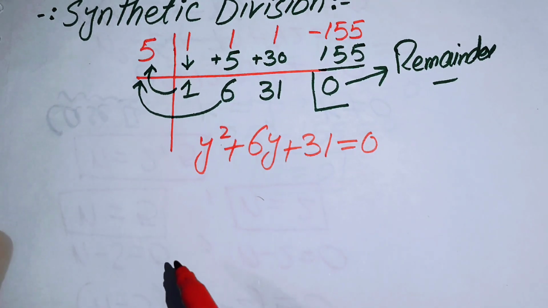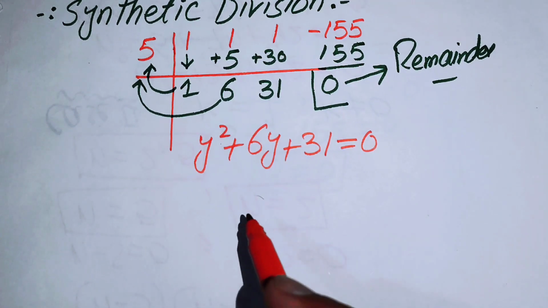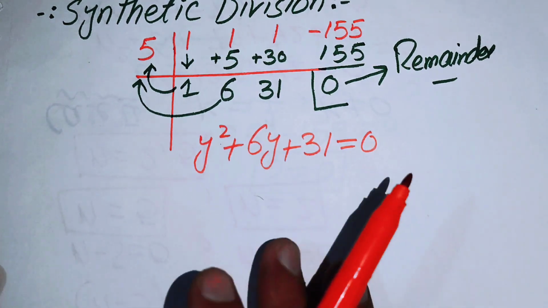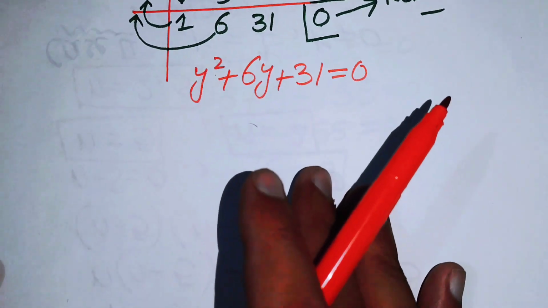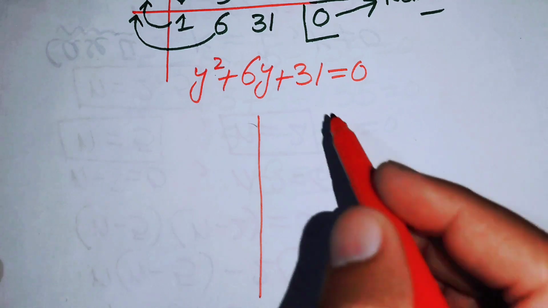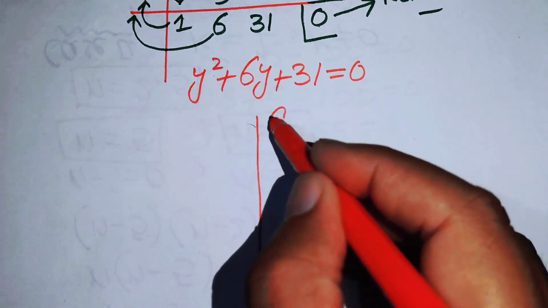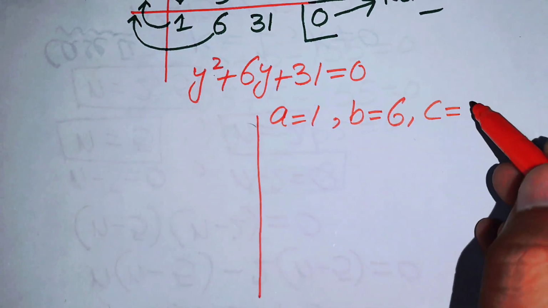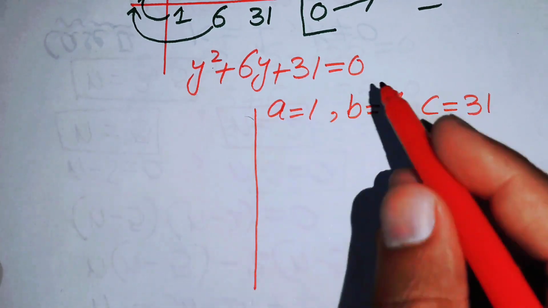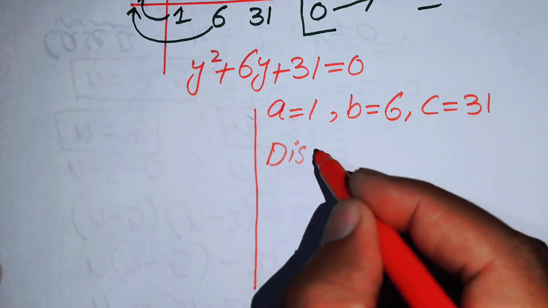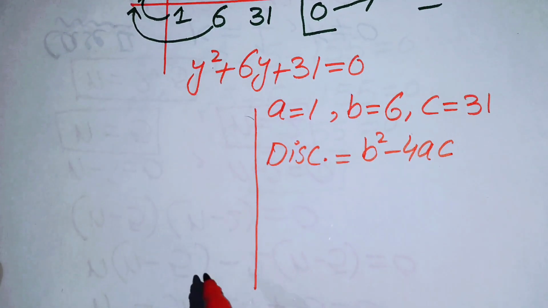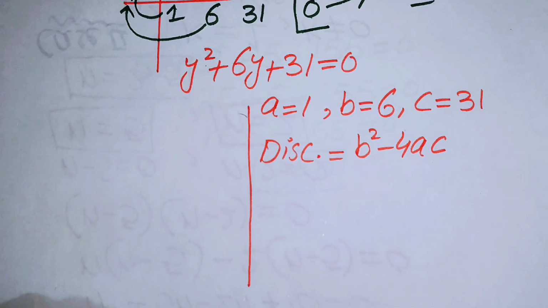And now in this question we need to find only the real solution. So first I can check whether this quadratic equation has a real solution or not by using the discriminant formula. According to it, a is equal to 1, b is equal to 6, and c is equal to 31. The discriminant formula, known as disc, is equal to b squared minus 4ac.